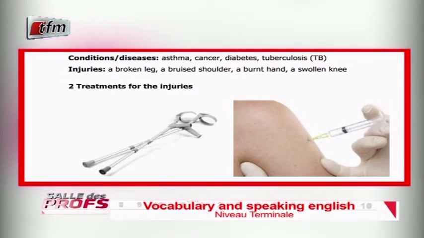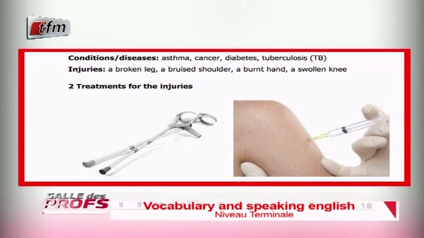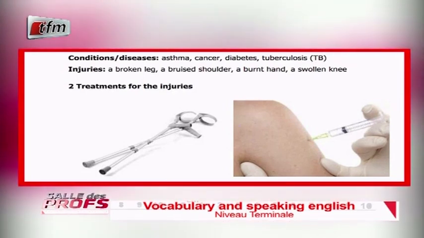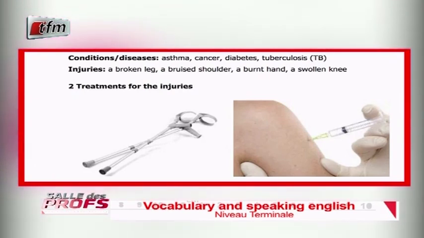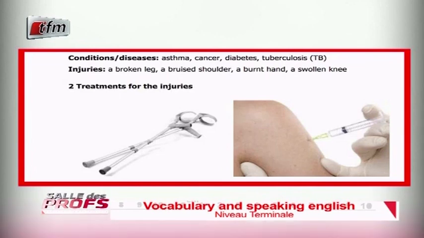A broken leg, singular, in the plural, broken legs. Your shoulder is not broken, but it is bruised. It hurts, so we say a bruised shoulder. If we have to put it in the plural, we say bruised shoulders, because a is an indefinite article, so you use it to talk about a singular noun.